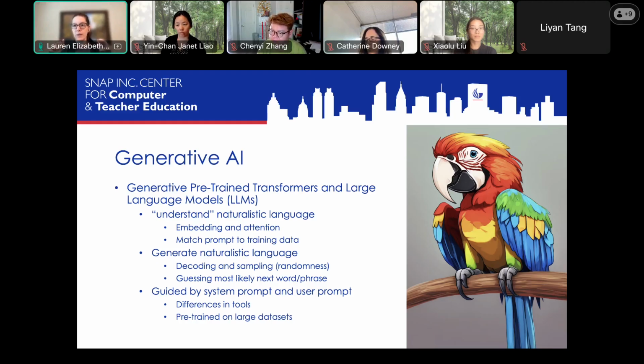And like we were talking about with Waymo learning from human drivers, it's guided by both a system prompt and a user prompt. The user prompt is what you give it and what you are asking for. And then there's also the system prompt that provides some of the guardrails, some of the tone, and some of the features that especially make different tools feel different to use.